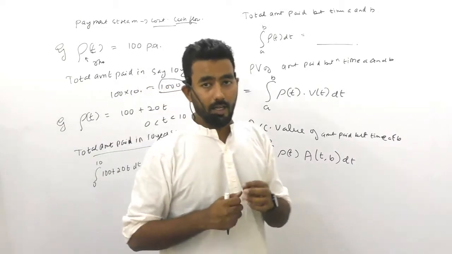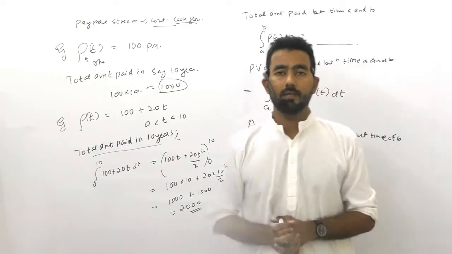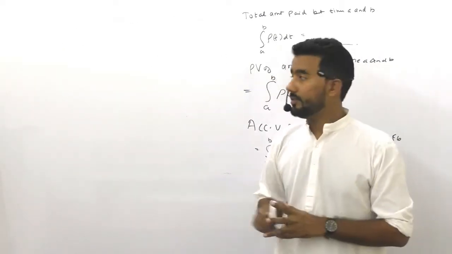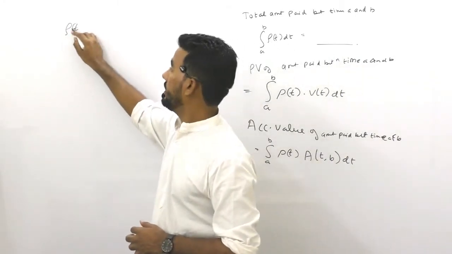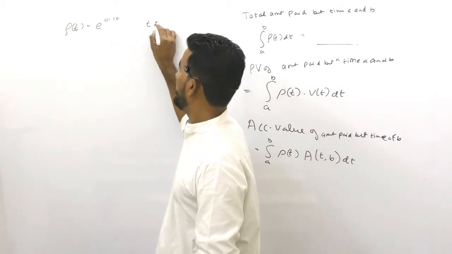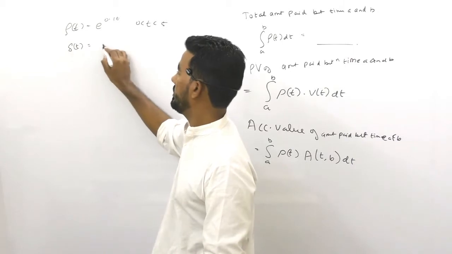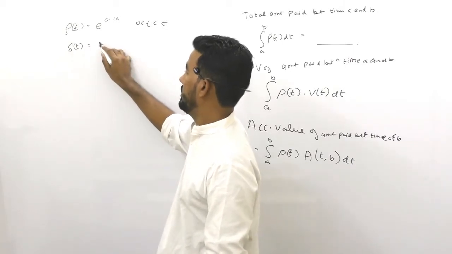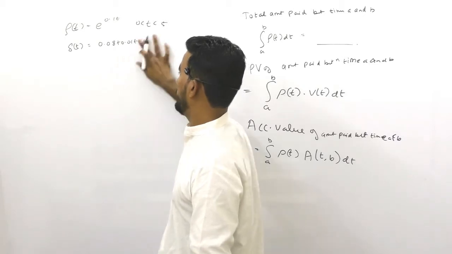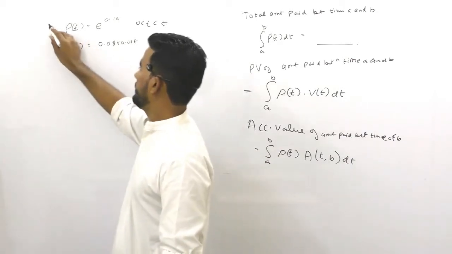Now let us understand the application of these equations using an example. Say your payment stream is rho t equal to e raised to 0.1t for t between 0 to 5, and the question says the force of interest is 0.08 plus 0.01t. Sorry, 0.1t, and this is also between 0 to 5, for example.